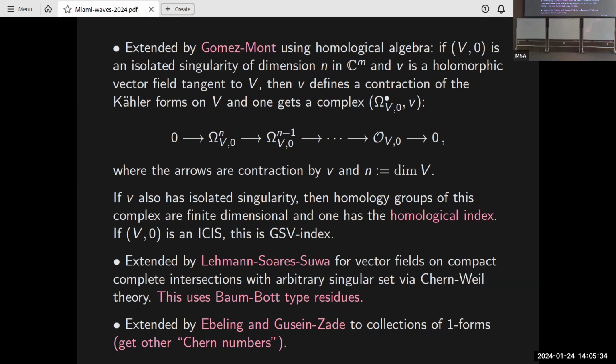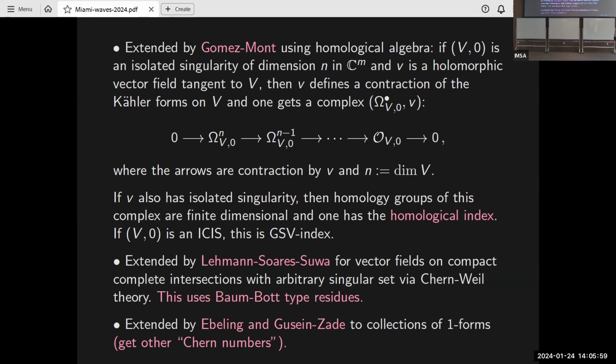And then just to mention, it was also extended by Ebeling and Gusein-Zade for one-forms instead of vector fields. And that has the advantage that it makes sense in defining indices for collections of one-forms. And the idea is that morally the index somehow corresponds to the top Chern class.